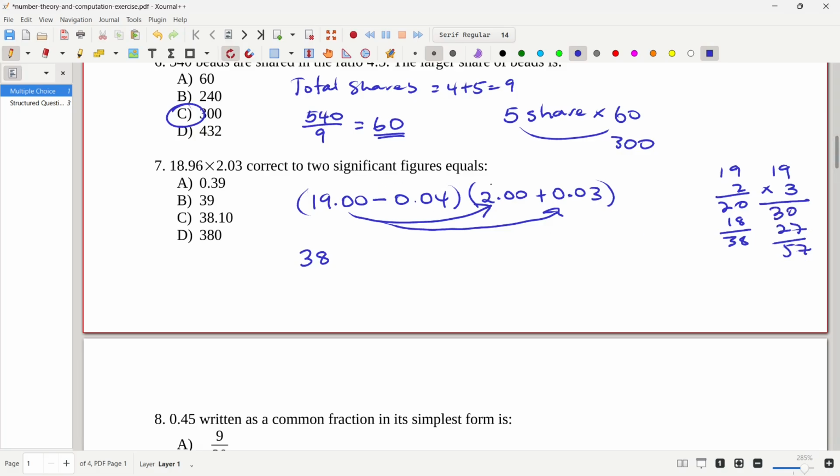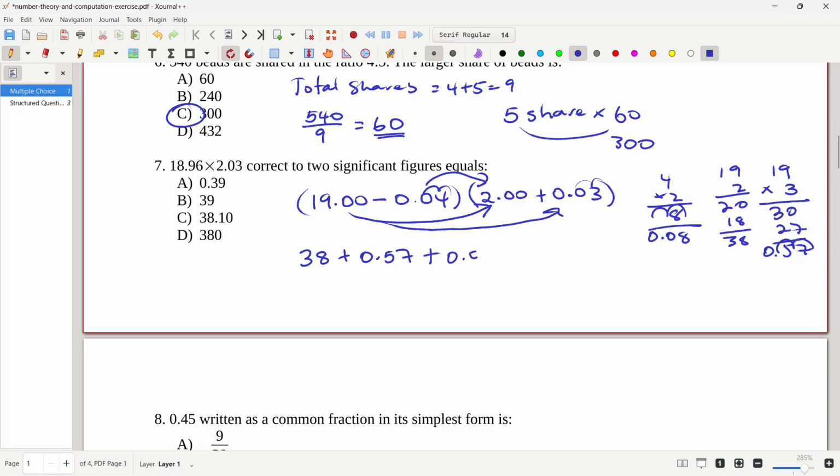And I need to shift 2 decimal places, 1, 2 here. So 1, 2 here, 0 plus 0.57. Then I take this and multiply by this, which is 4 times 2, which is 8. And I count 1, 2 decimal places on this factor. So 1, 2 decimal places, 0.08, like that.